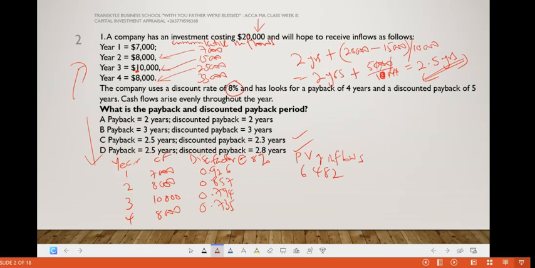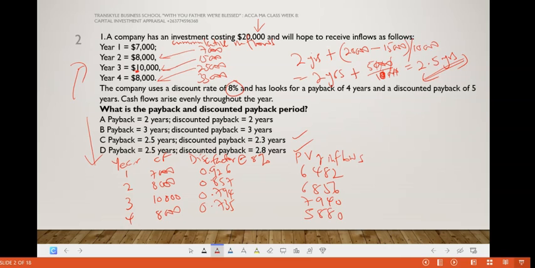Then 8,000 multiplied by 0.857, we get 6,856. Then 10,000 multiplied by 0.794, that's 7,940. Then 8,000 multiplied by 0.735, that should be 5,880.